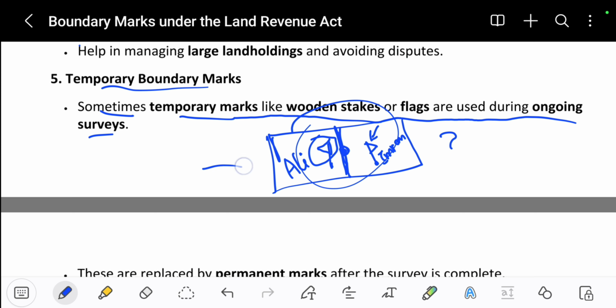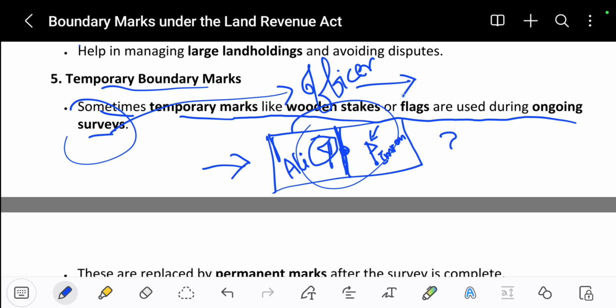Such temporary marks are made when there's an ongoing survey. Surveys are done by officers, so if an officer is visiting a land and doing a survey, he will himself put the flags, so that he knows that this color flag belongs to Ali's land and this color flag belongs to Imran's land.